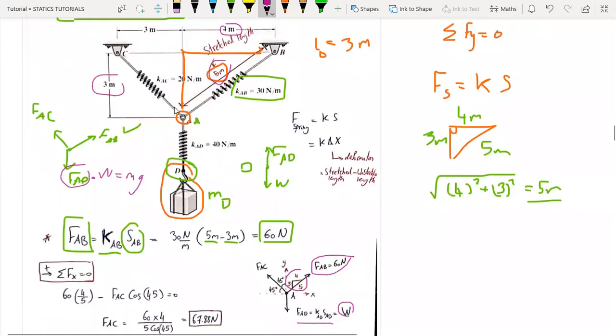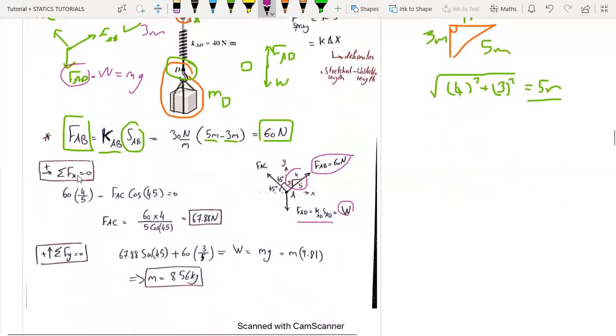And here the angle I can find by, here it's 3 meters and 3 meters, so I can say, let's say theta. So theta is equal to tan inverse 3/3, which is 1, so theta will be 45 degrees.